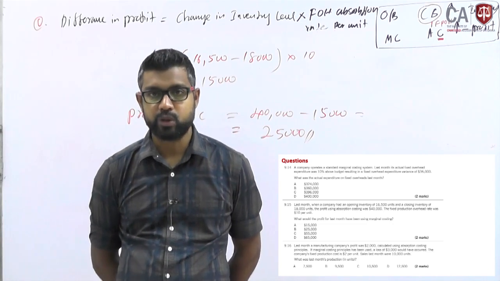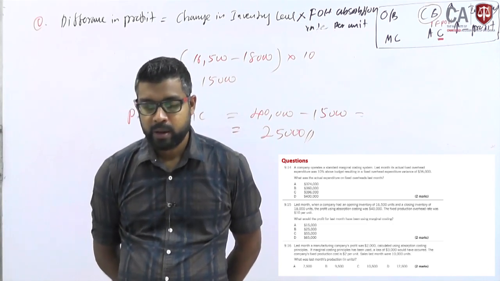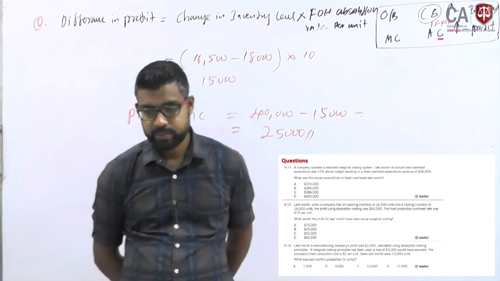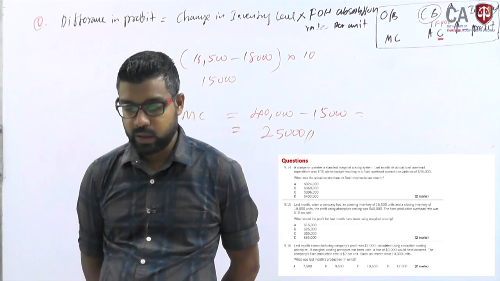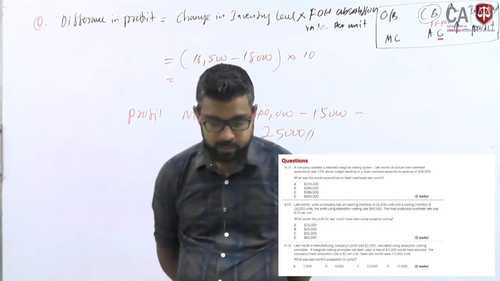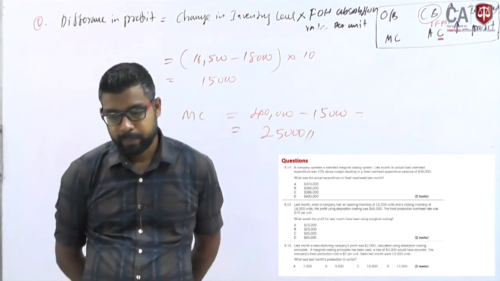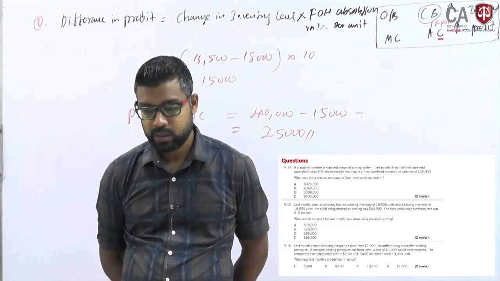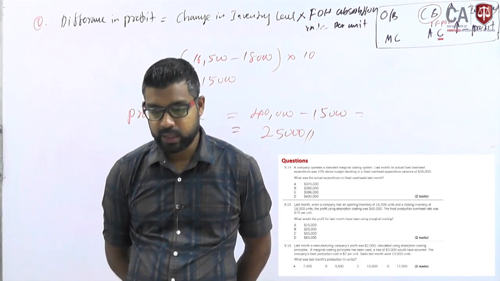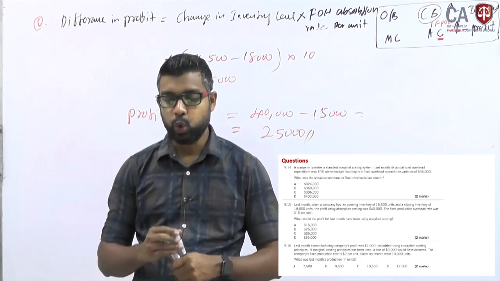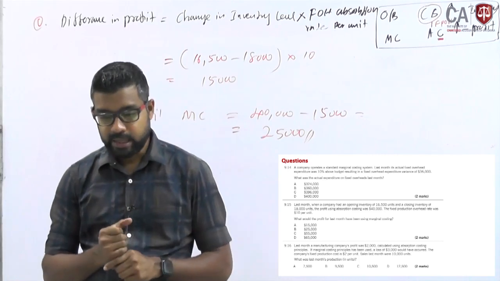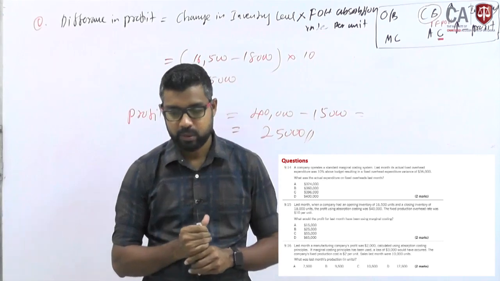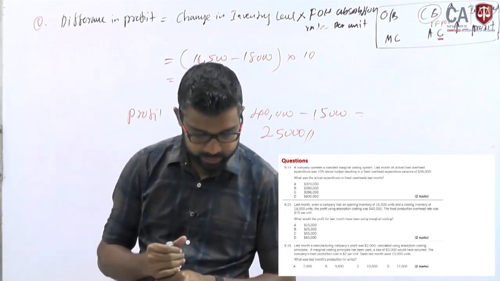If marginal costing principles had been used, a loss of 3,000 would have occurred. The company's fixed production cost is $2 per unit. Sales last month were 10,000 units. What is the last month production?